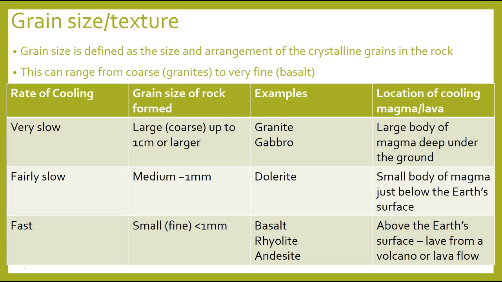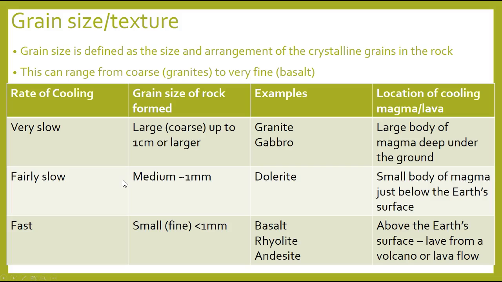So firstly, we can use grain size or texture as a definer when it comes to looking at igneous rocks. So igneous rocks can range from being very coarse grained, such as granite, to being very fine grained, such as basalt. And this is dictated by the rate of cooling.